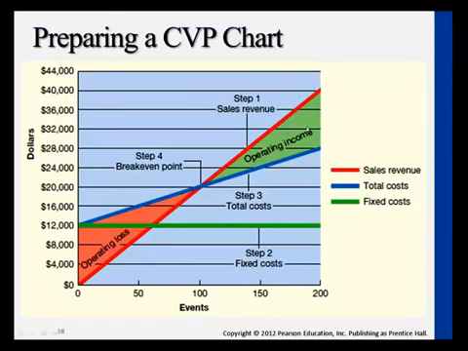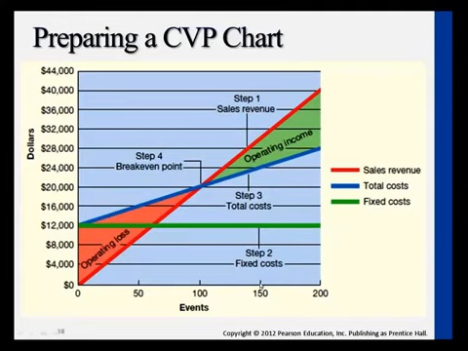And let's look here. My operating income is between two lines, total cost and sales revenue. So my sales revenue at every point is greater than total cost. That means it's an operating income, right? So here's what I'm going to do. I'm going to take it.